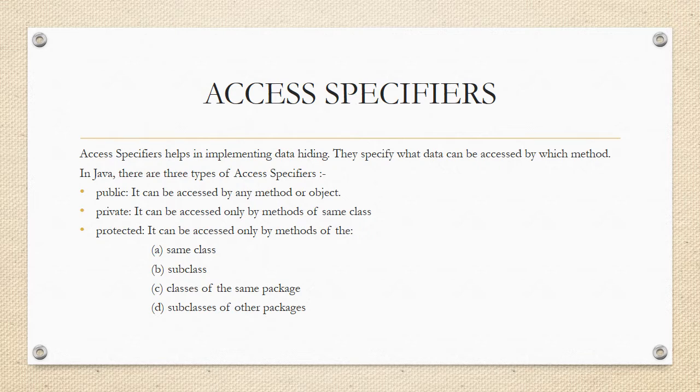Okay, so it means they can access but after taking the permission, or if it is a subclass of that class. It is known as protected, meaning it can be accessed but after taking the permission from that class. So these are the three types of access specifiers.